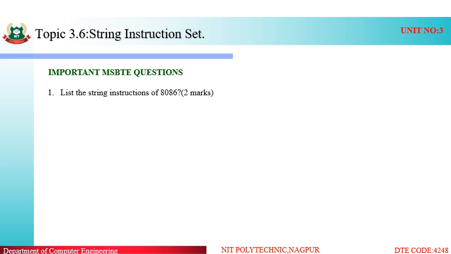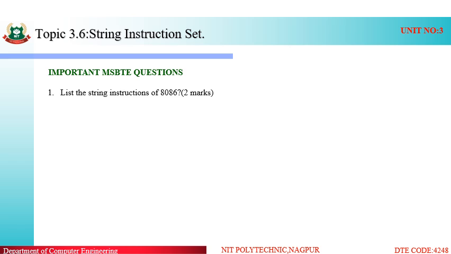So in this way we studied the different string instructions. Normally, in overall programming we will only use these instructions 10 to 15% of the time.